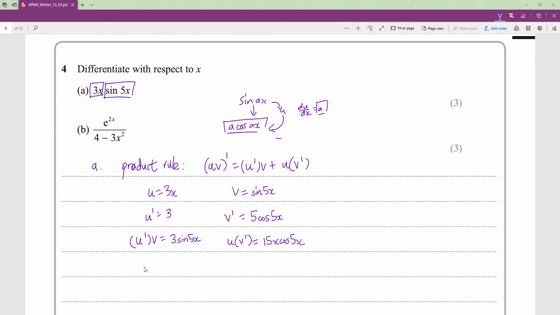And we add these up as our final answer, so d dx, meaning the differential of 3x sine 5x, is equal to 3 sine 5x plus 15x cos 5x.